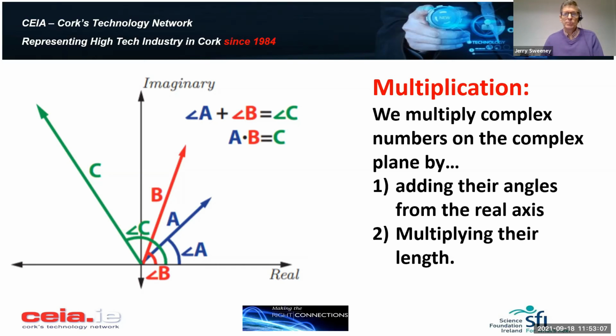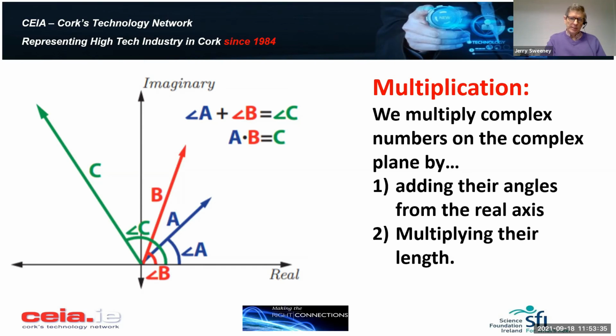That is complex number multiplication. It uses three-dimensional complex numbers, called Hamiltonians, which I will mention a little later on, but don't worry about it, they're not on the leaving cert. But what I'm saying to you is that multiplication turns out to be a rotation. And in my opinion, this is an amazing outcome.